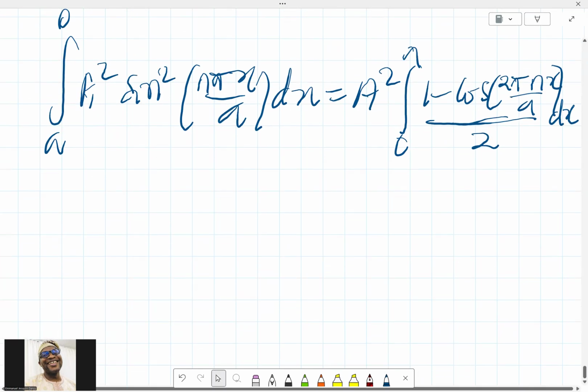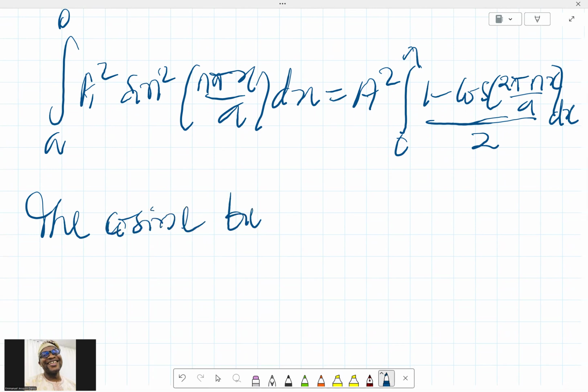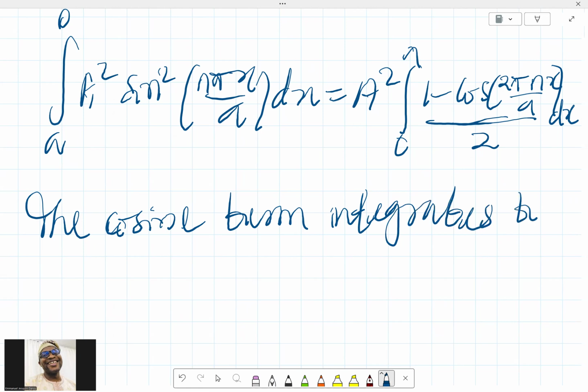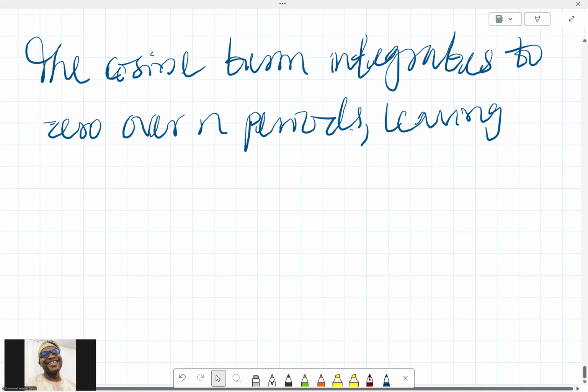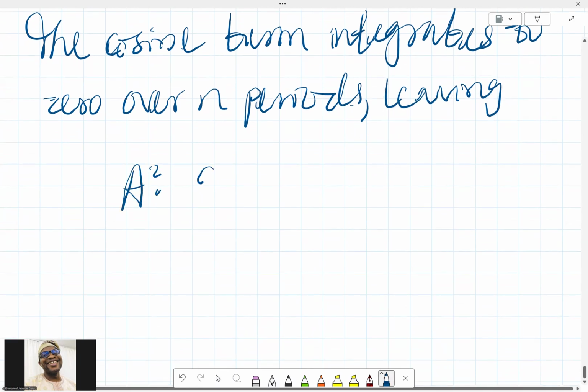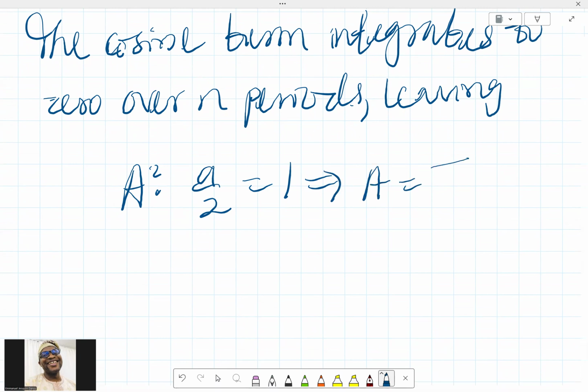So the cosine term integrates to 0 over n periods. That leaves us with a squared times a over 2 equals 1, which simply implies that a itself is the square root of 2 all over a.